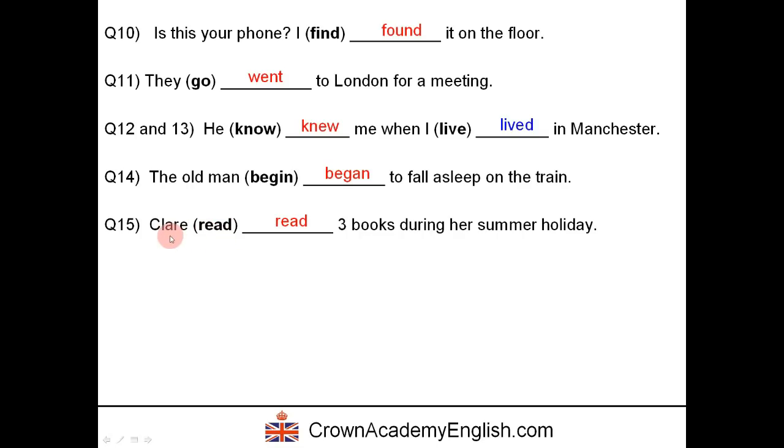So the present would be Claire reads 3 books during her summer holiday. But in the past, the pronunciation is different. We say Claire read 3 books during her summer holiday. Like the colour red. So the spelling is the same in the present and the past, but the pronunciation is very different. And that is why this verb is irregular.